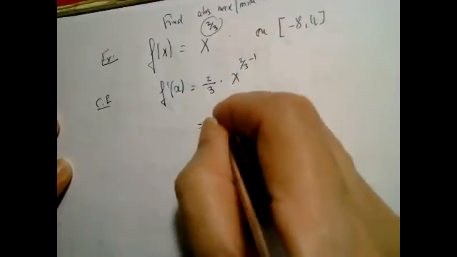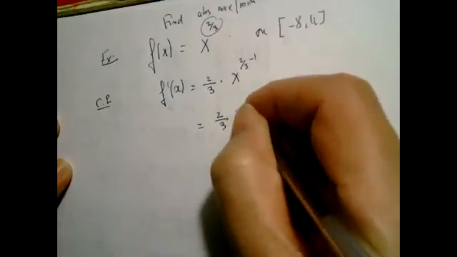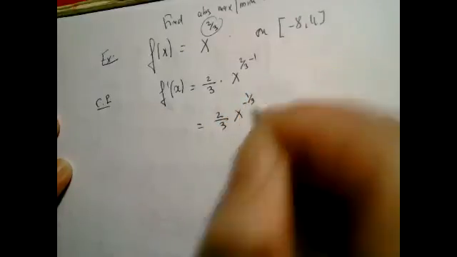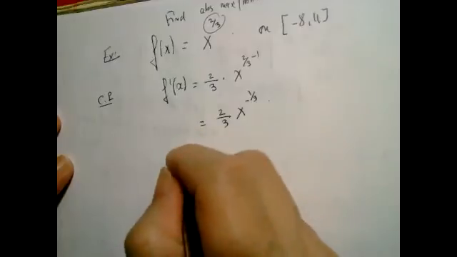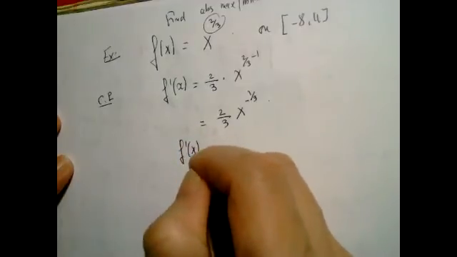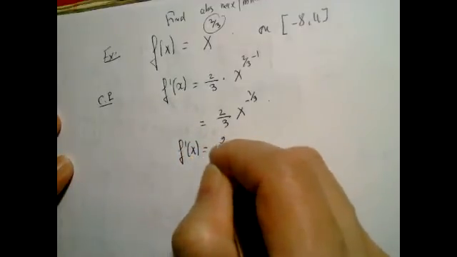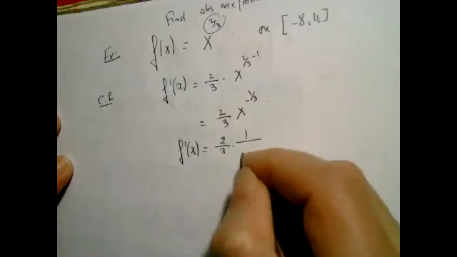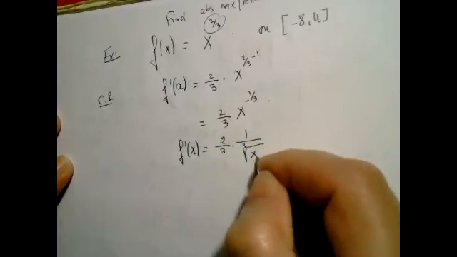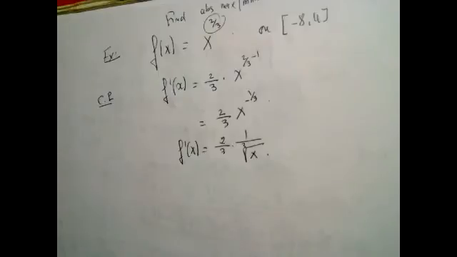So it is equal to 2/3 x to the minus 1/3. It means that f prime equals 2/3 times 1 over the cubic root of x. Okay?